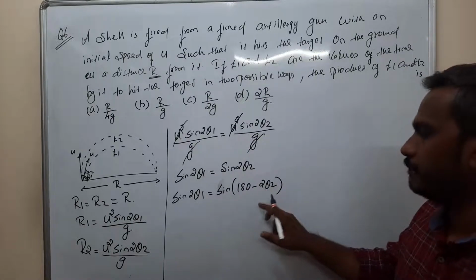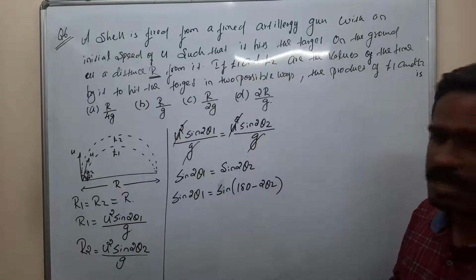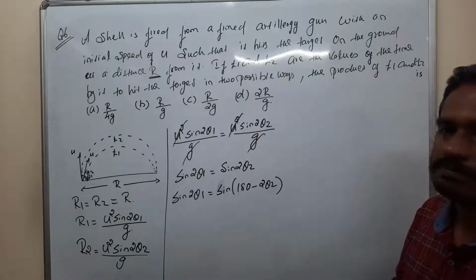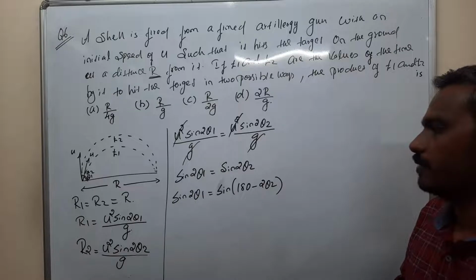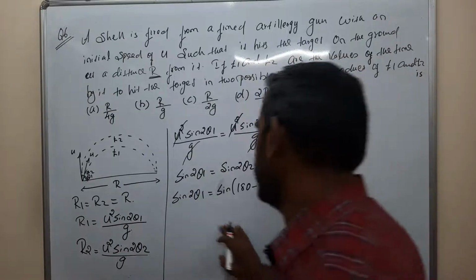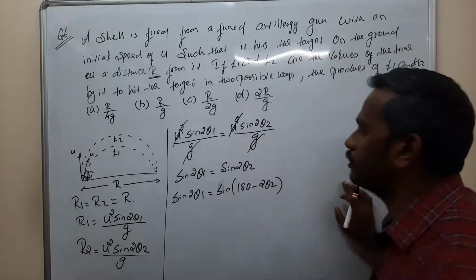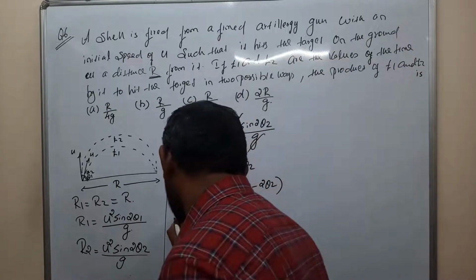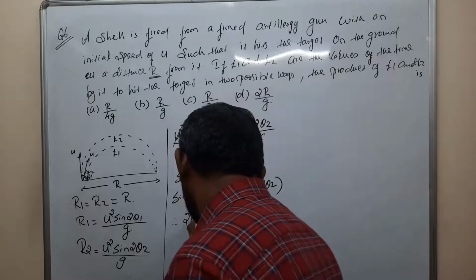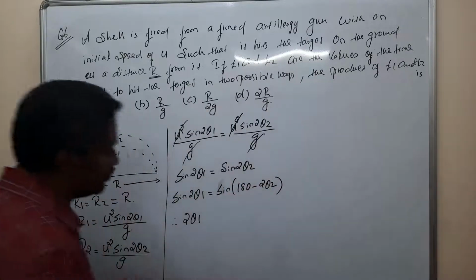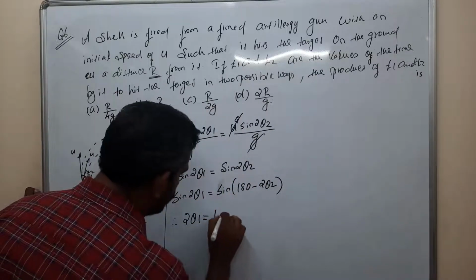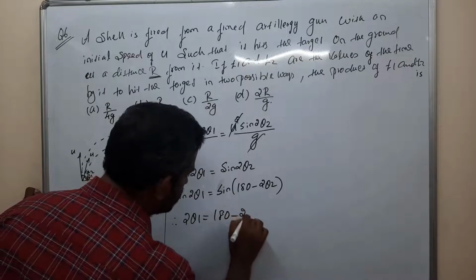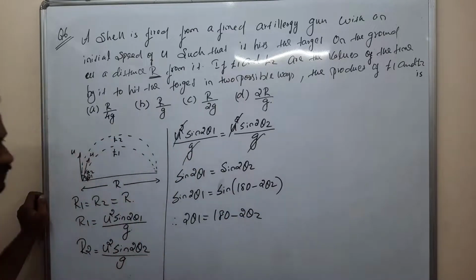So sin of 180 minus 2 theta 2 means again it is sin 2 theta 2. So from this what we can write, that is sin 2 theta 1 is equal to sin of 180 minus 2 theta 2. Therefore 2 theta 1 is equal to 180 minus 2 theta 2.